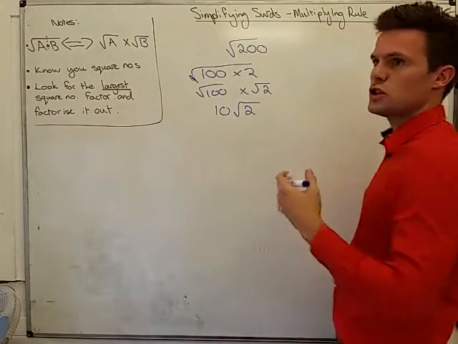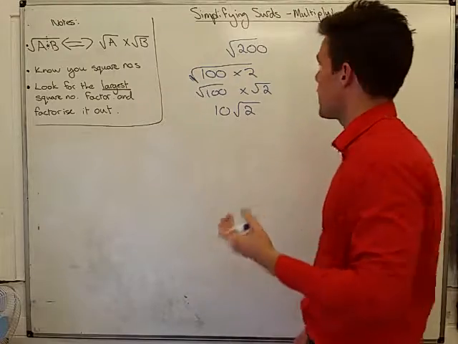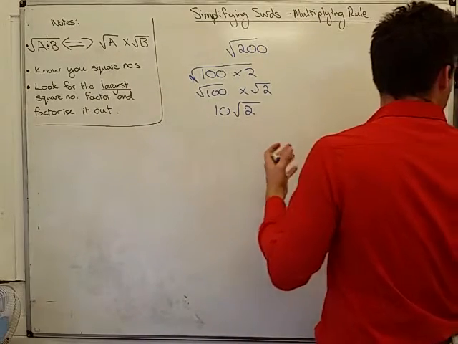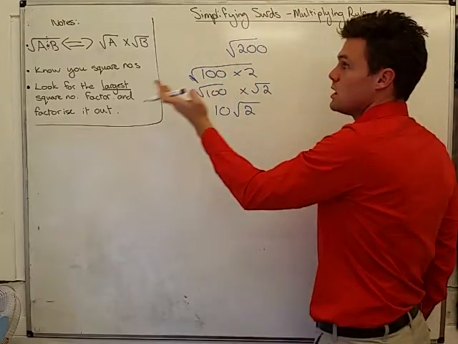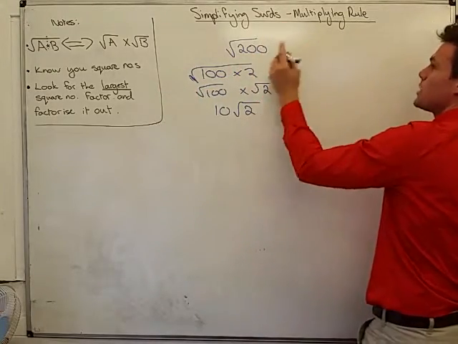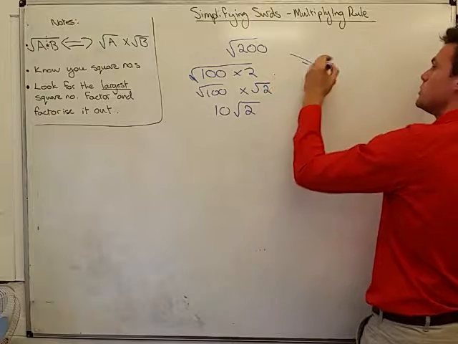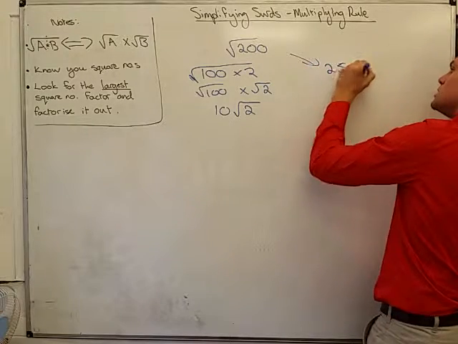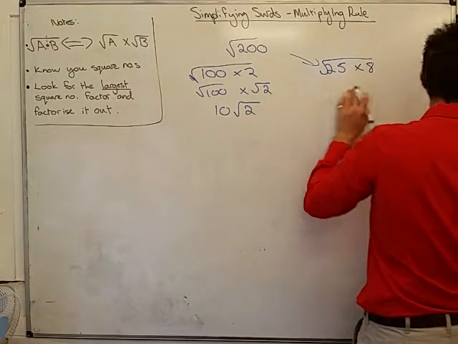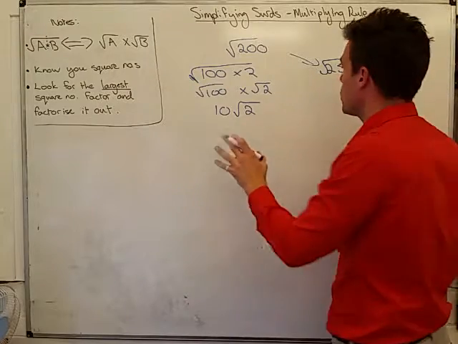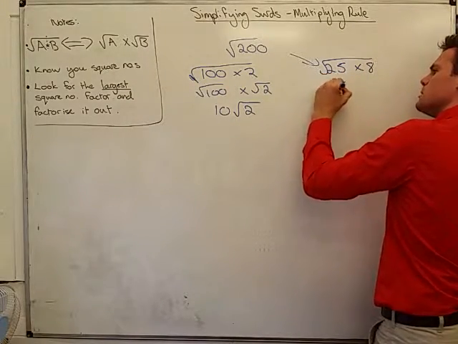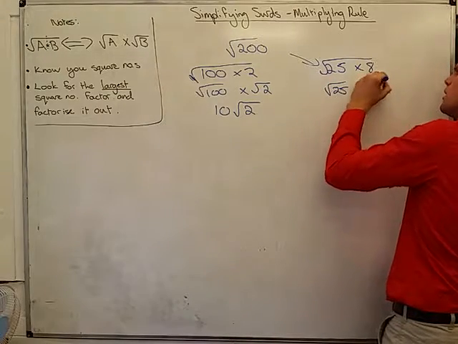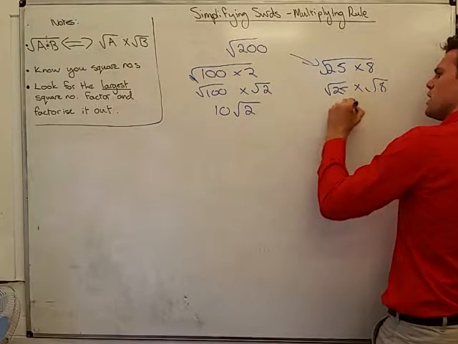Now in this case, if I had chosen a different square number, let's say instead of 100, I had chosen 25. So instead of splitting into 100 times 2, I split it into 25 times 8. That would still get me 200, no problem at all. However, if I split this up, I get 5 root 8.